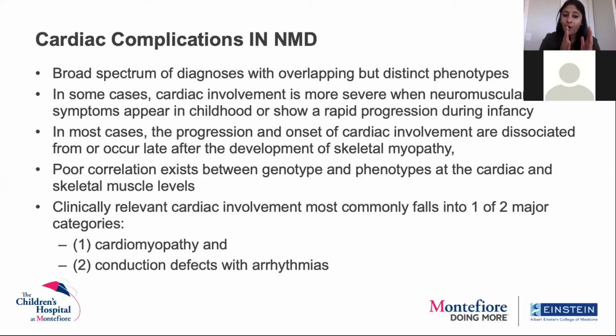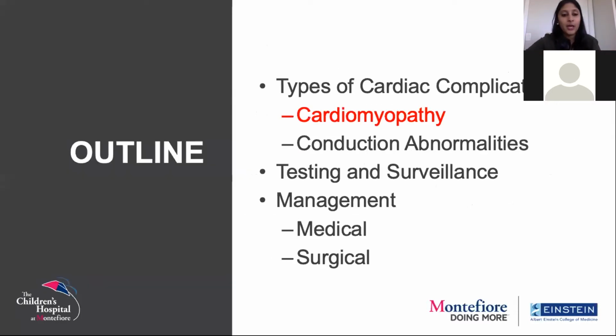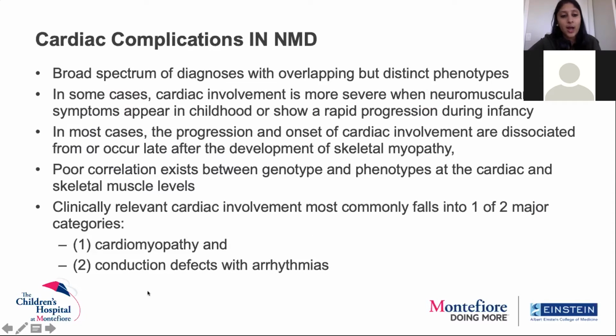So your heart is also a muscle, and so is your skeletal muscle, but there is not very good correlation. If your skeletal muscles are weak, your heart is not necessarily going to be weak, or the other way around. This is why we like to do surveillance. This is why we like to screen all the patients. One does not predict the other.